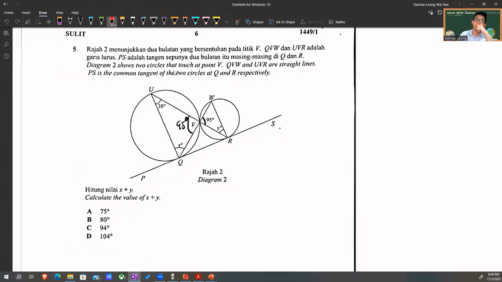This is a common tangent, so I can use the angle in the alternate segment. This is the tangent line. This would be 38 because of the angle in the alternate segment: the angle formed by chord and tangent is the same as the angle opposite of the chord. So here will be 38 degrees.